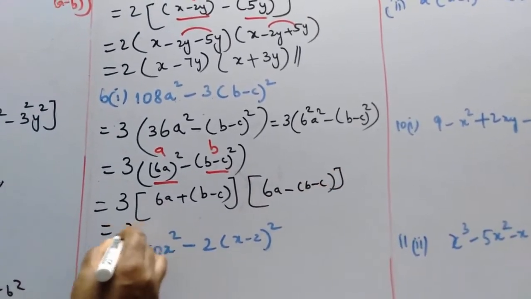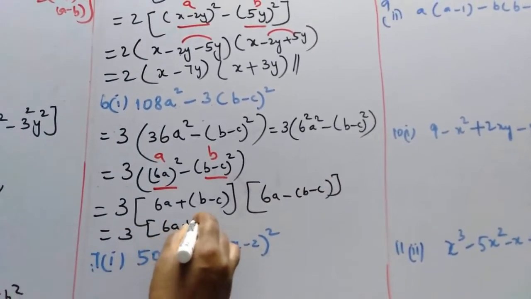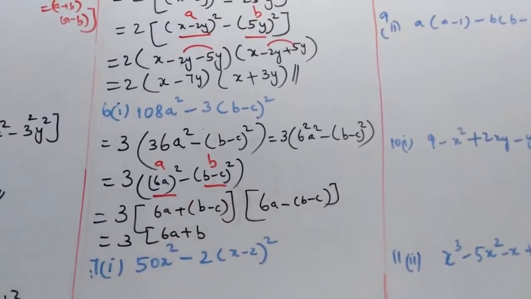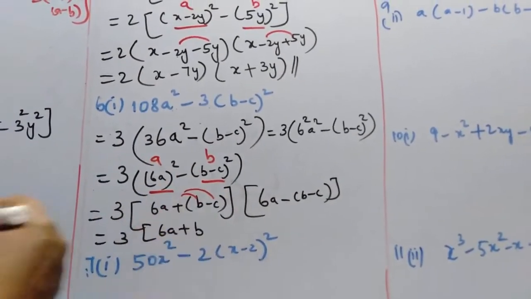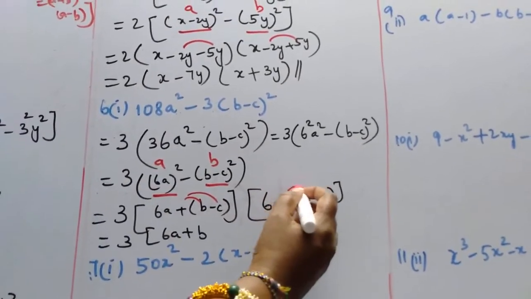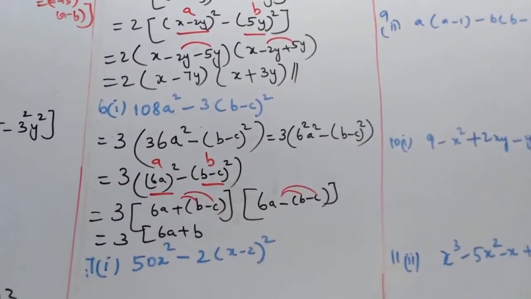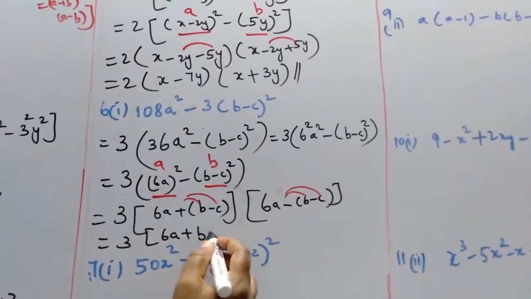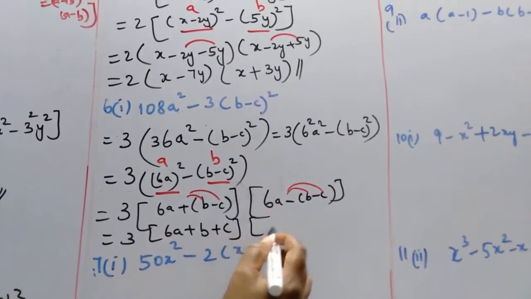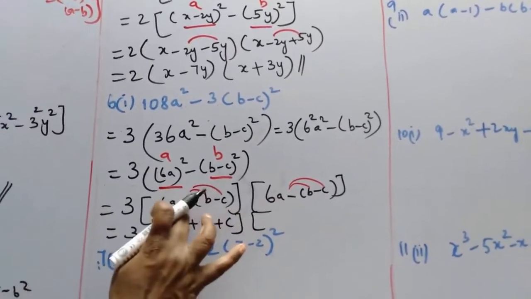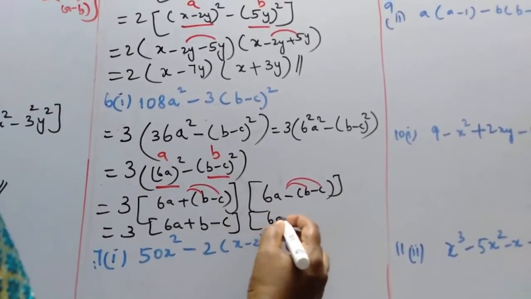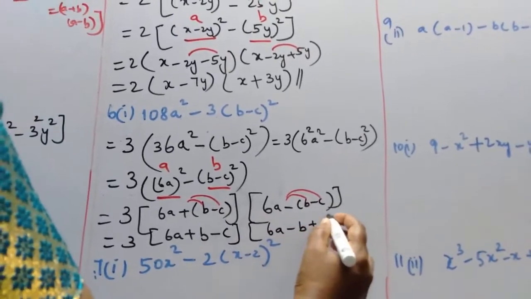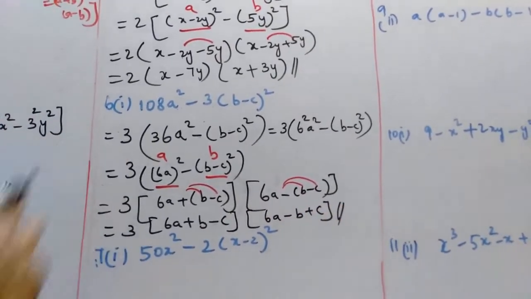We use brackets so as not to make mistakes. So this can be written as 6a plus (b minus c), multiplying with the plus sign, the same term you will be getting, and here minus with minus, it will get changed. So here 6a plus b minus c, and here 6a minus b plus c. This is the solution for this question.